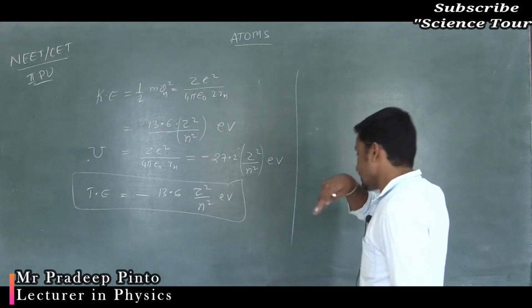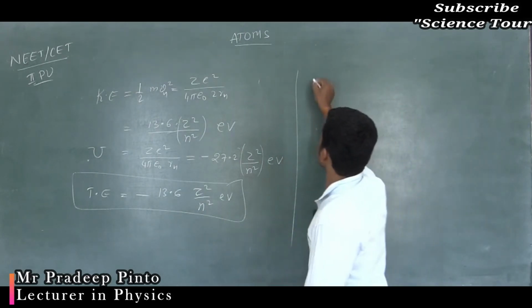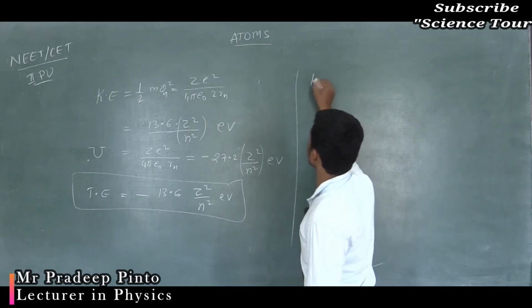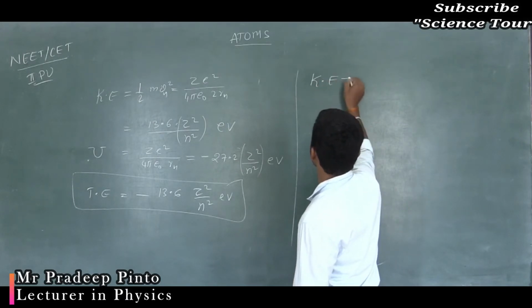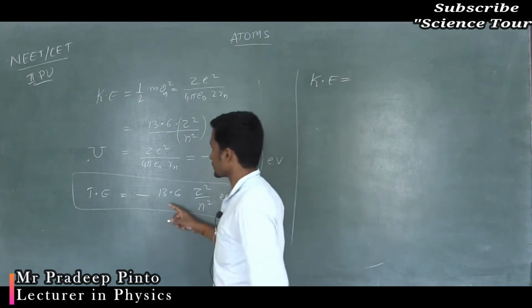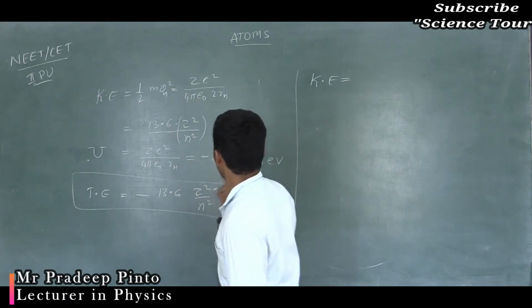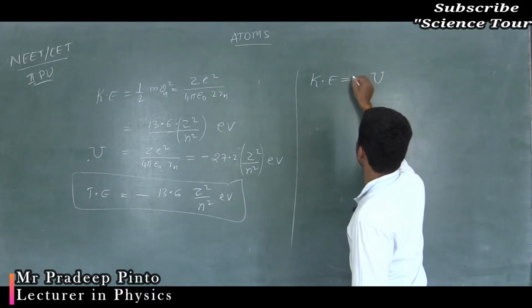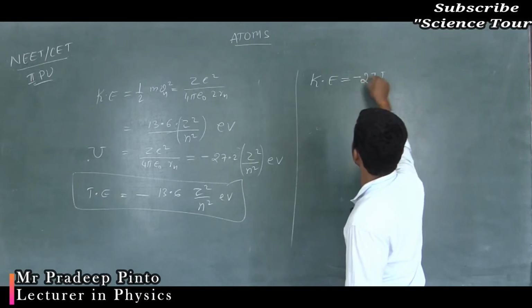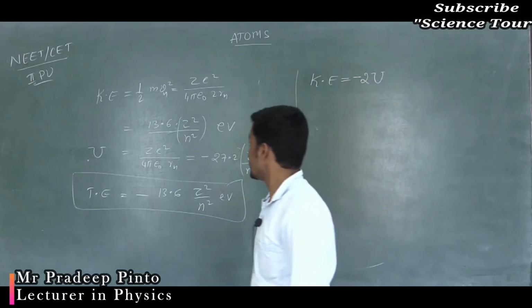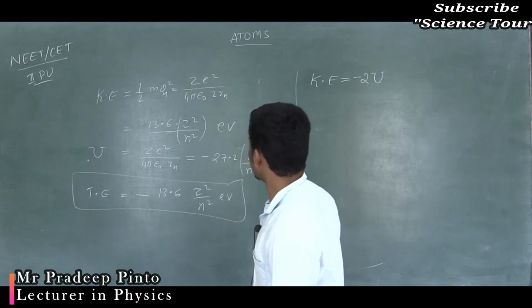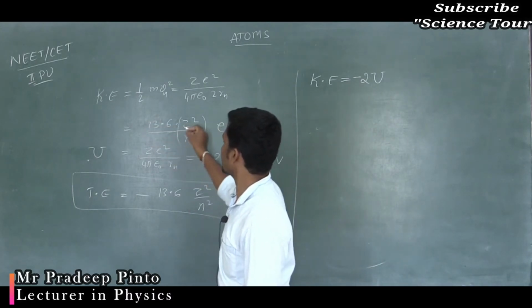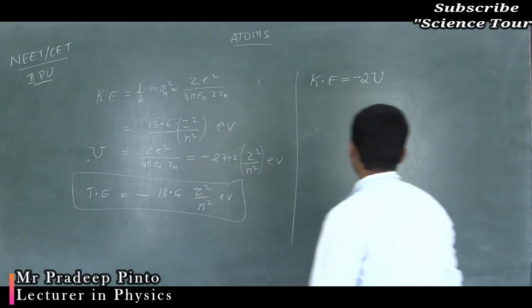Now what actually is the relation? See, the potential energy is negative and 2 times the kinetic energy. If you multiply the kinetic energy by 2, you get the potential energy, but negative.